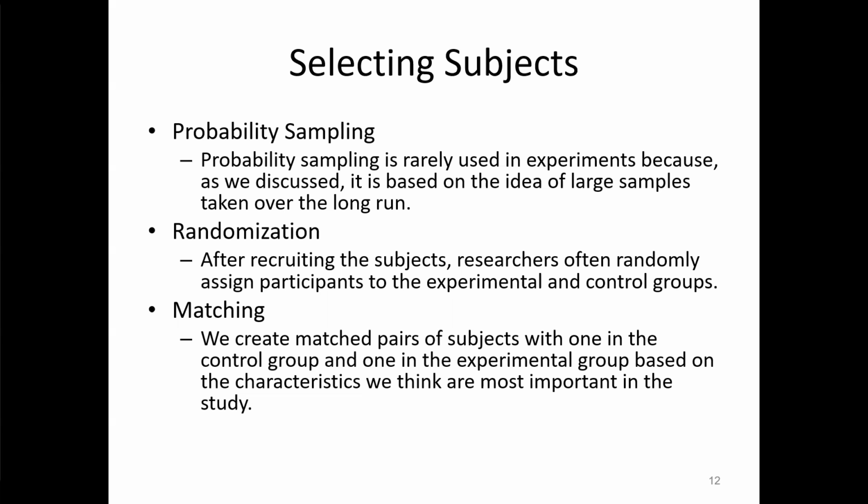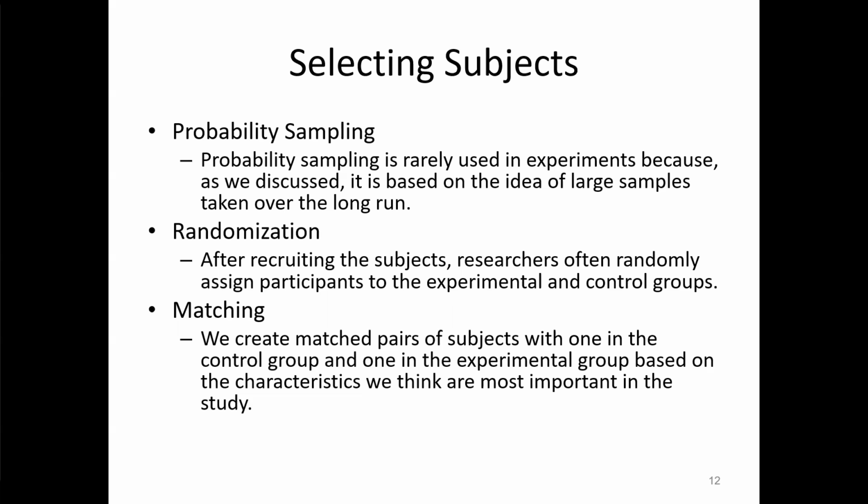Probability sampling is rarely used in experiments because, as we discussed, it's based on the idea of large samples that are taken over and over in the long run. So we can't actually be sure that we're grabbing a good representative sample because we don't have all the information that we need. But randomization is a common tool that's used when selecting subjects.